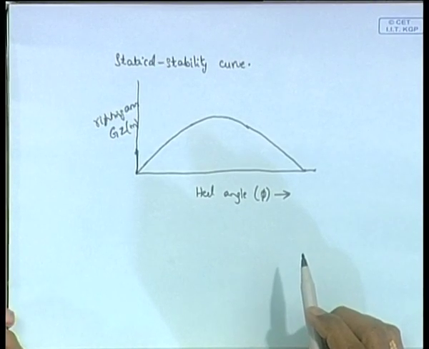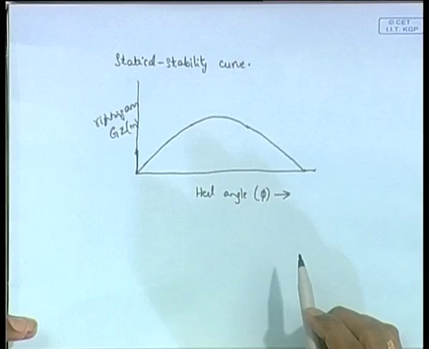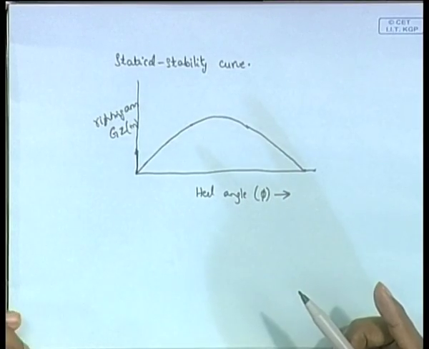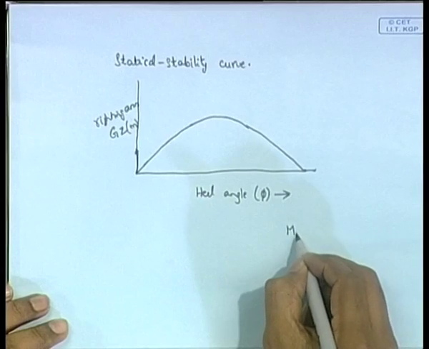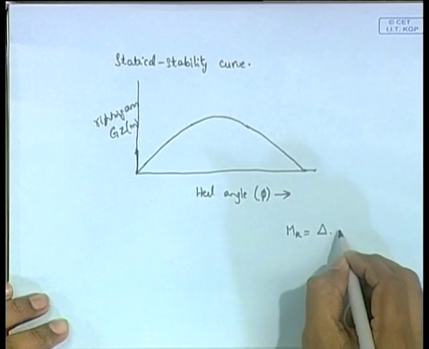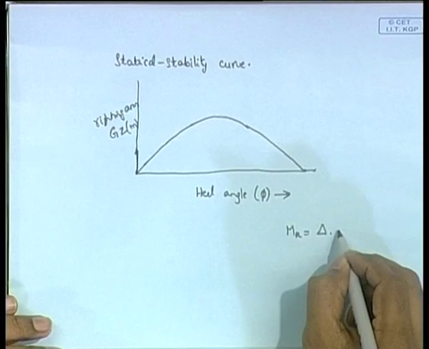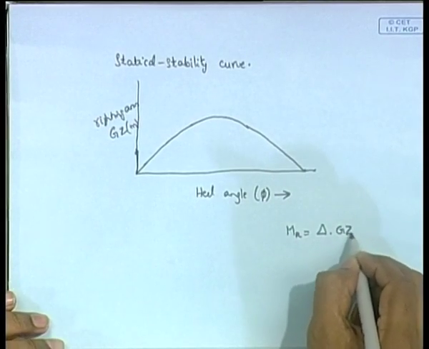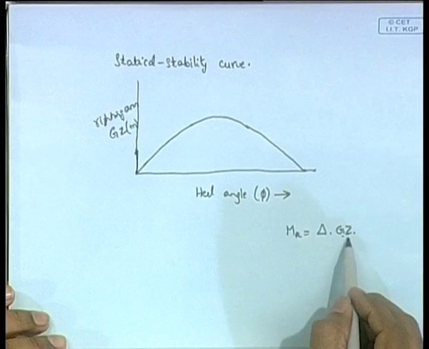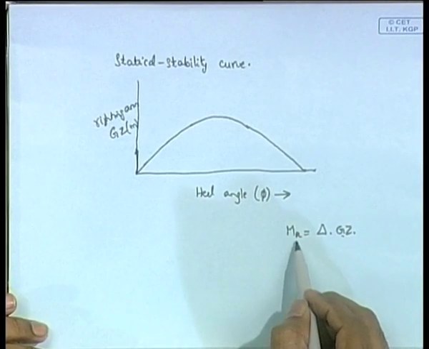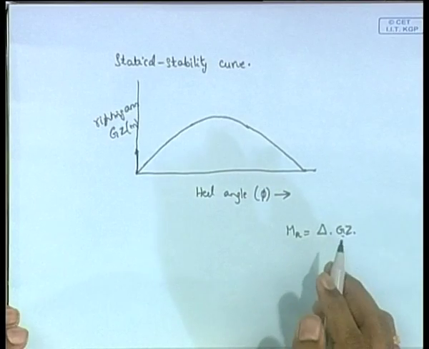Note that if your Gz increases, what does it mean? The righting arm is increasing, means if the righting arm increases, the righting moment will increase. The righting moment is given by delta into righting arm Gz. Therefore, if your Gz increases, your righting moment increases.